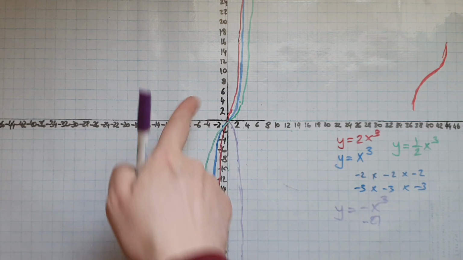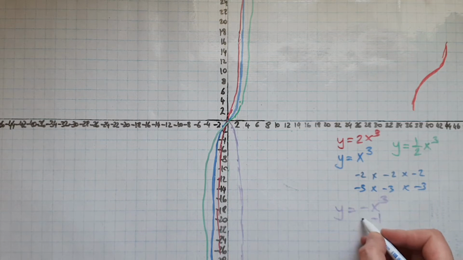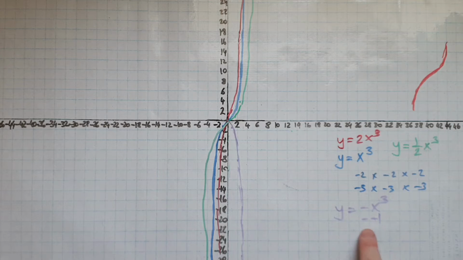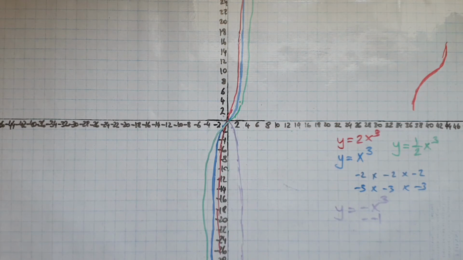Let's do it on the other side. So when you've got -1, -1 cubed, that is -1, put the negative in front of the x cubed, so then we have +1. So -1, +1. When x is -2, then x cubed is going to be -8.